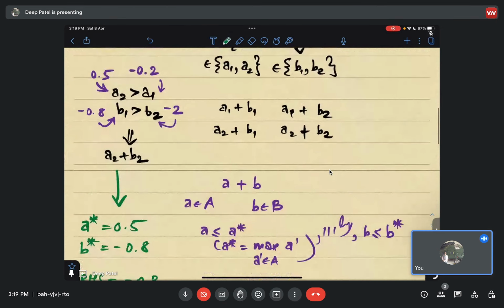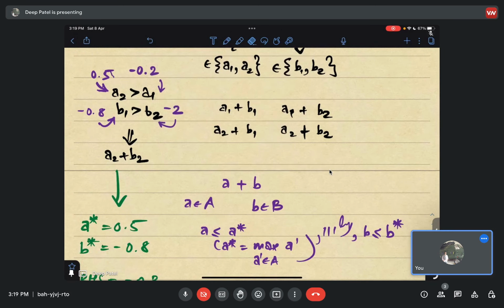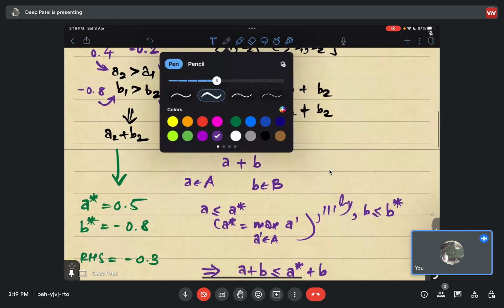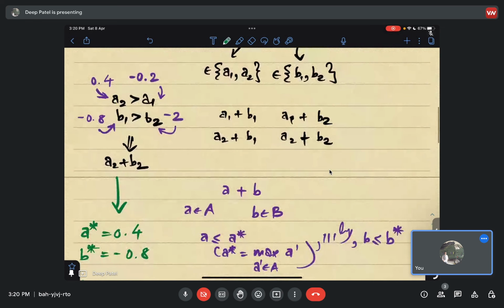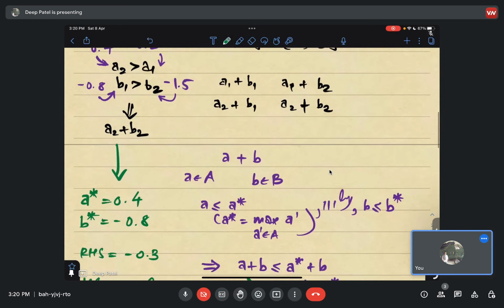So if I put 0.4, let's see what happens. This becomes 0.4 as A star. Let me also change this to minus 1.5. Hopefully this works. So A star is 0.4 and B star is minus 0.8. The RHS is minus 0.4.